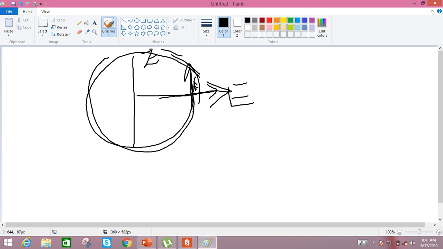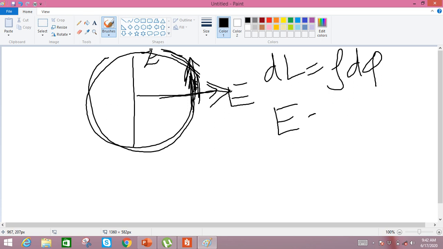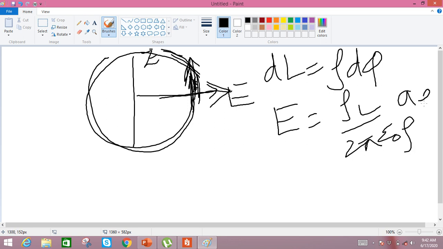It means that the direction in which we are moving the charge, the force is acting perpendicular to it. The charge we are moving circularly, right? So it means that dl will be equal to rho d phi because we are moving the charge circularly, and the electric field intensity is rho L divided by 2 pi epsilon naught rho a rho.